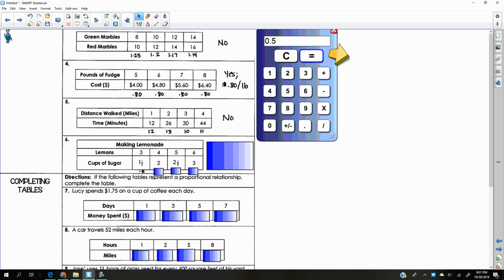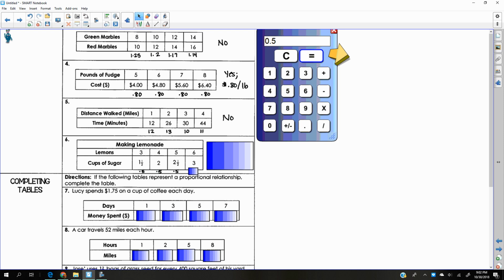All right, so here to make another batch of lemonade, we need 2 cups of sugar. So it's 2 divided by 4, and we get, whoops, that didn't work, did it? 2 divided by 4 equals a half. And then 2.5 divided by 5, and we get another half.